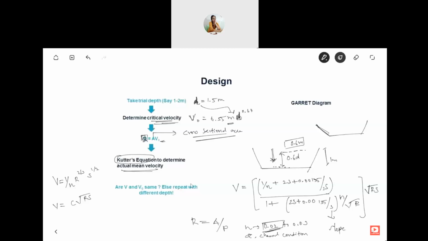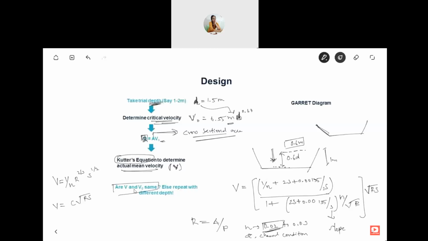So after this, you will get the actual mean velocity, which we can call V. If this actual mean velocity and critical velocity are the same, then that is your trial depth. That is your depth and the area which you calculated. So that is your final design.